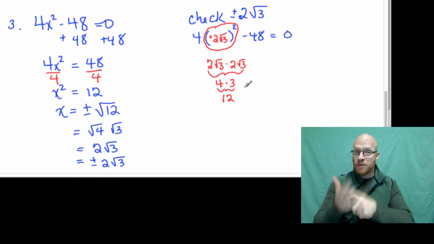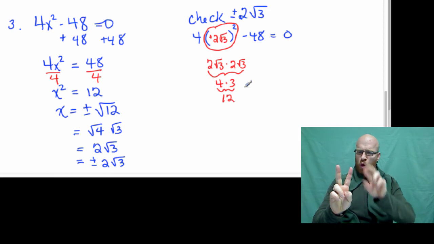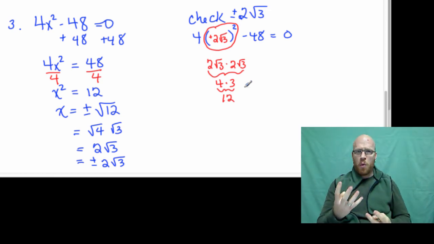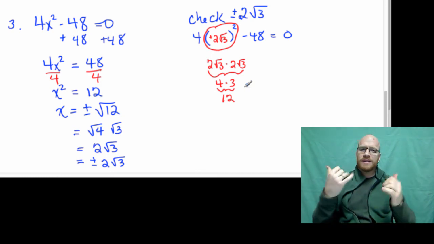See what happened here? Once I squared it, I multiplied it through and wrote it twice to show you what it means: 2 times square root of 3 times 2 times square root of 3. 2 times 2 is 4. The square root of 3 squared, or times itself, is 3. 4 times 3 is 12.